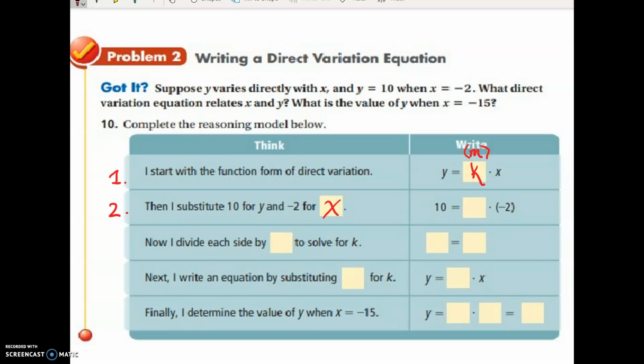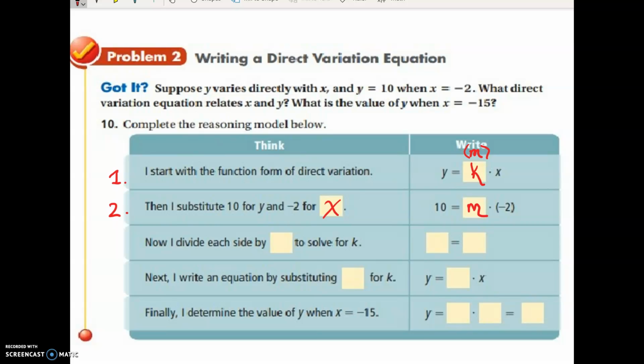Instead of y here, we're going to have 10, and instead of x here, we're going to have negative 2. I usually use m because I know that's my slope, but k can also be put there in that place.